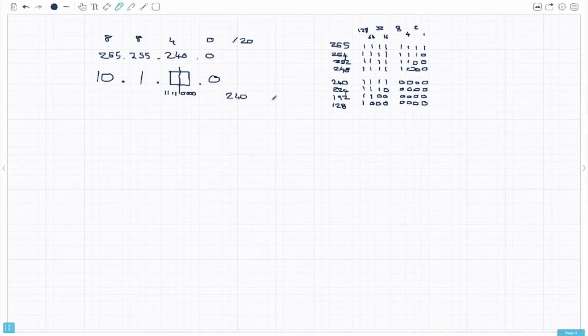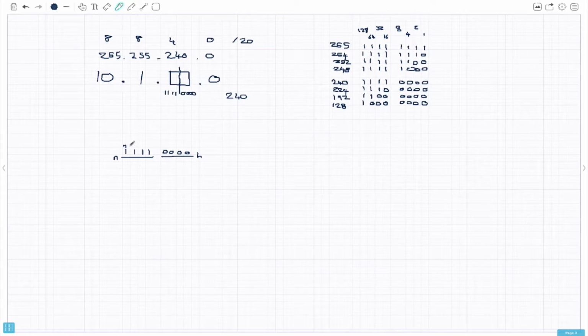So looking a little deeper into this, what are the networks going to be? Well, it's actually quite simple once you think about it. We've said that we're using the following bits: 1, 1, 1, 1, 0, 0, 0, 0. So this is the subnet portion, and this is the host portion.